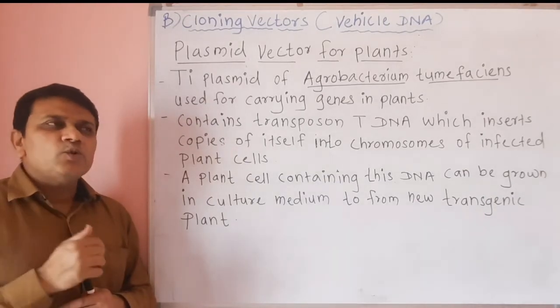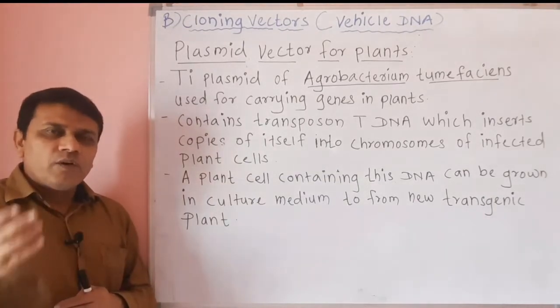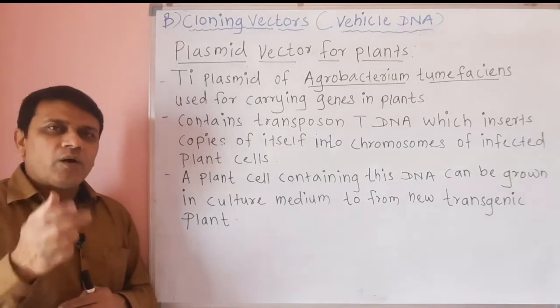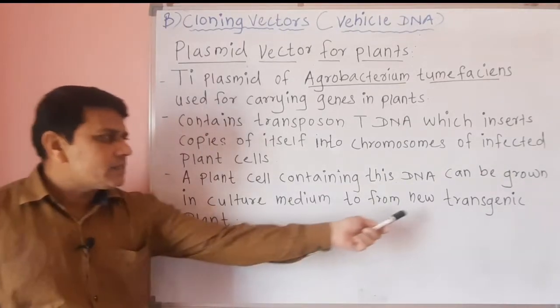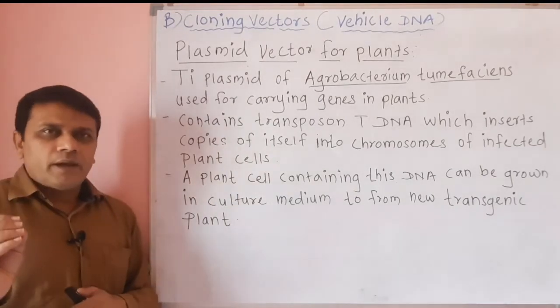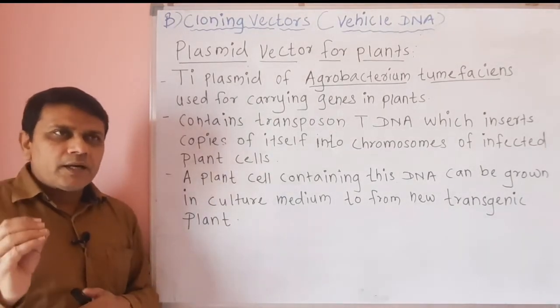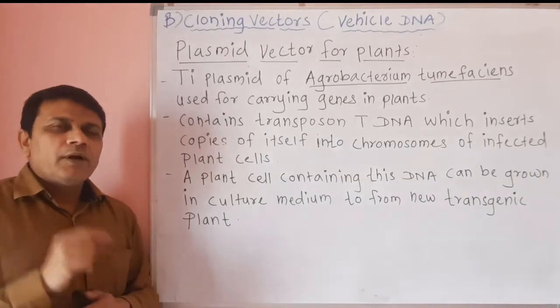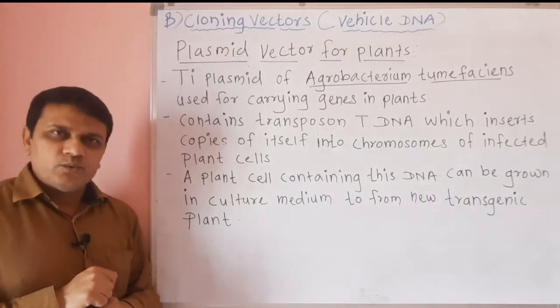As these new plants contain functional foreign gene or DNA, they are called transgenic plants. So to modify the plant genotype, Ti plasmids are used.